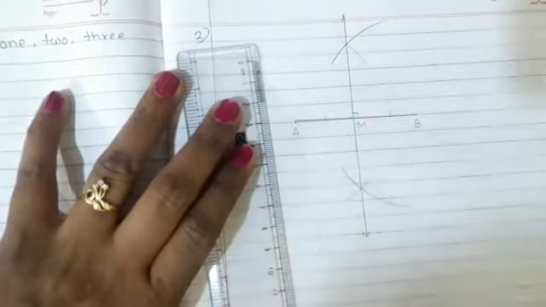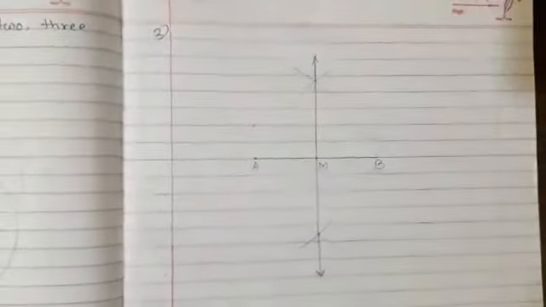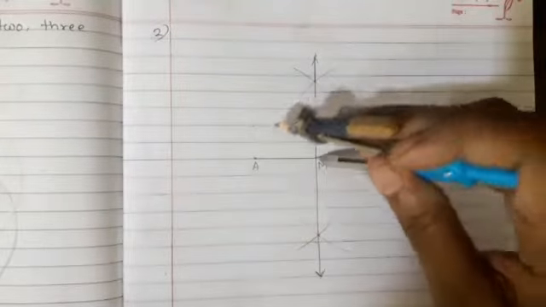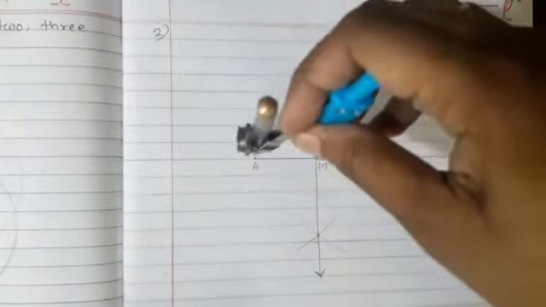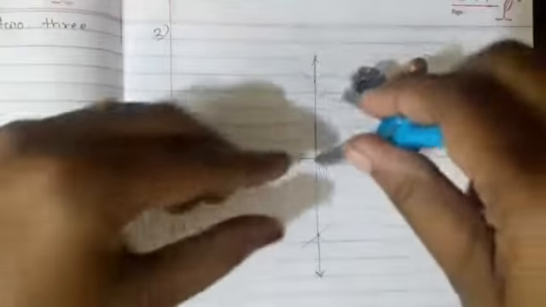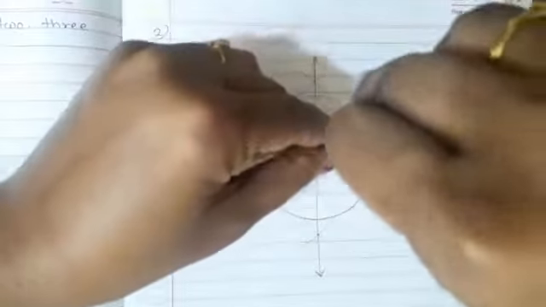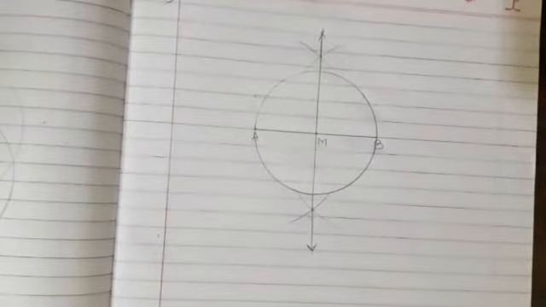Suppose M is a point of intersection. Now if you take M as a center, up to AM as a radius, and if I draw the circle, it will exactly pass through AB. So this is one circle which can be passed through two distinct points A, B.